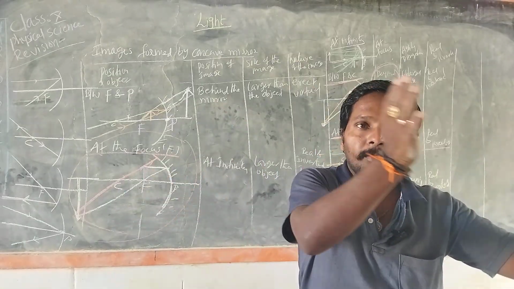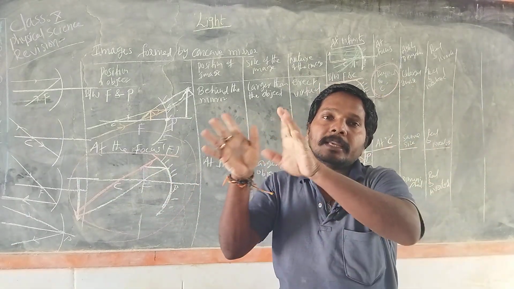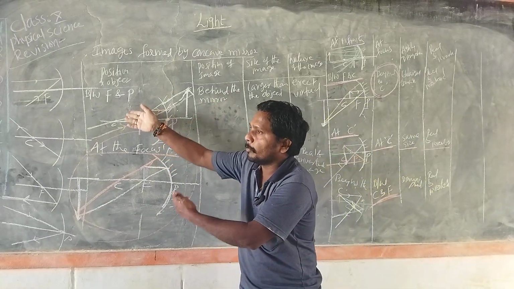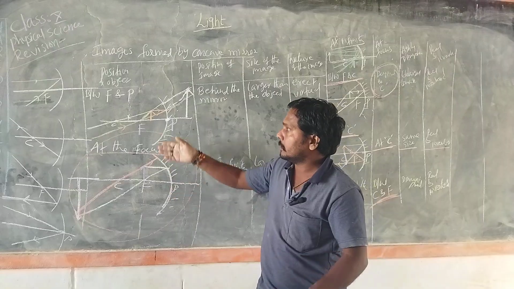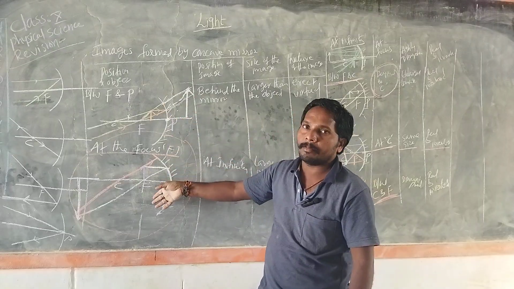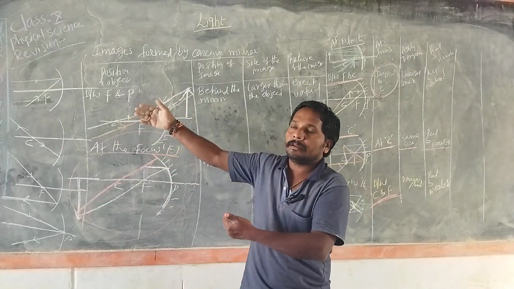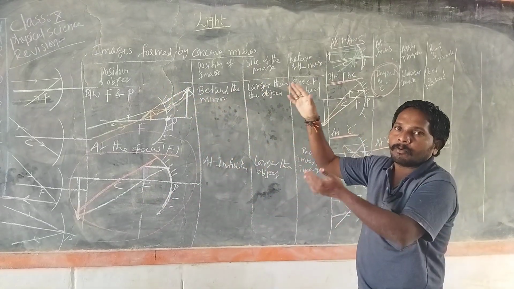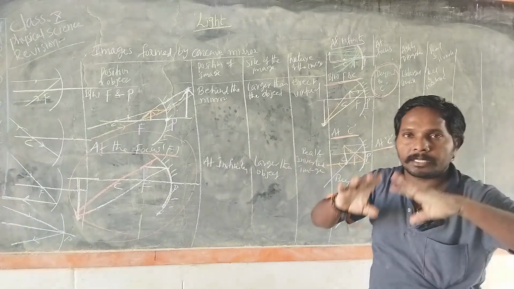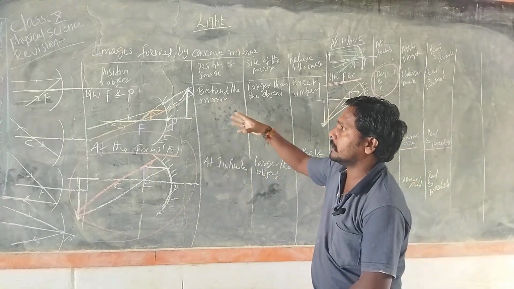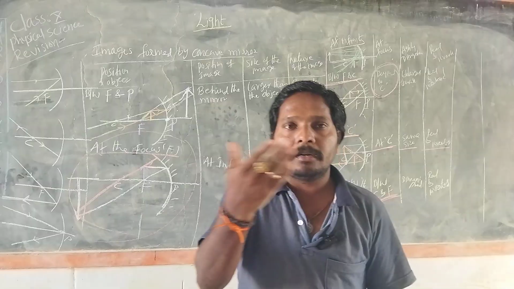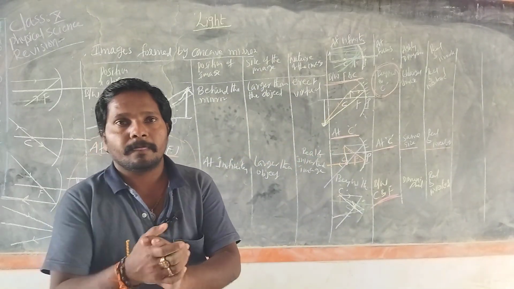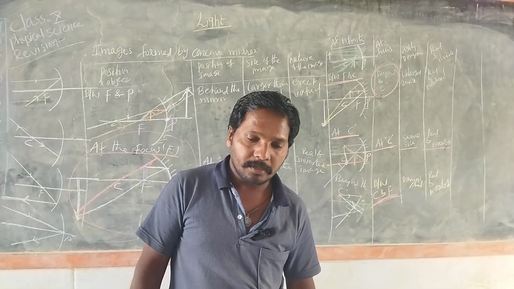Object distance equals image distance from the mirror in case of a plane mirror. But in case of a concave mirror, depending upon the positions of the object, the object distance is different, image distance is different, height is different, right? So erect image, virtual image, enlarged image, diminished image, the magnification is different. It has different magnification in case of concave mirror and convex mirror.